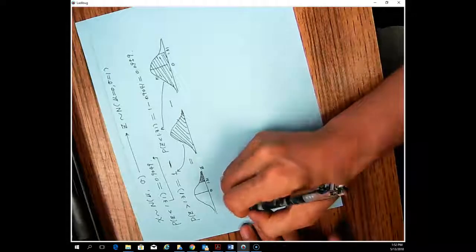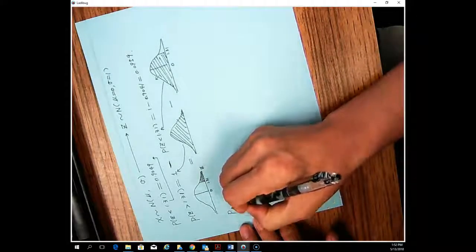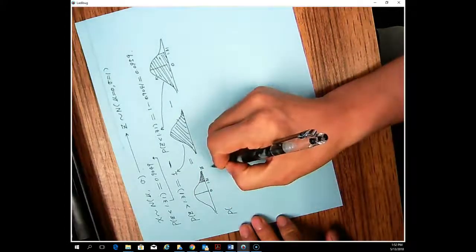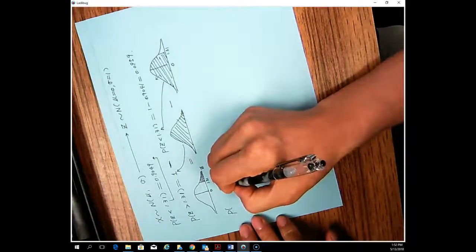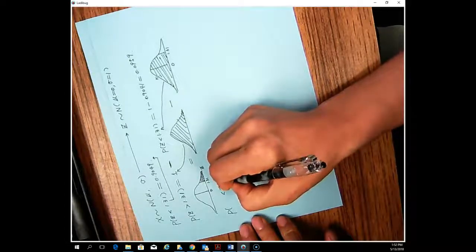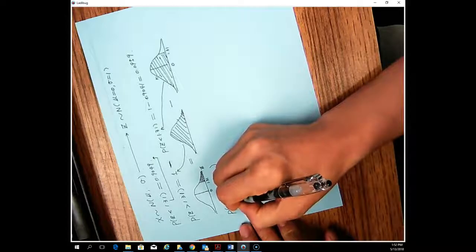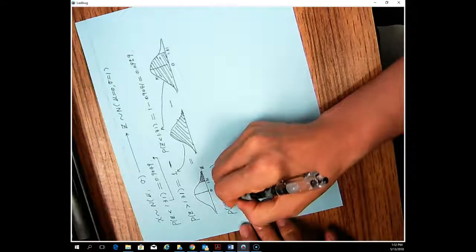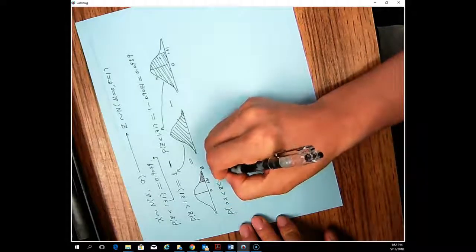Okay. And then in the z-table, the events could be like z between two z-scores. So for example, between 0.2 and 0.8.